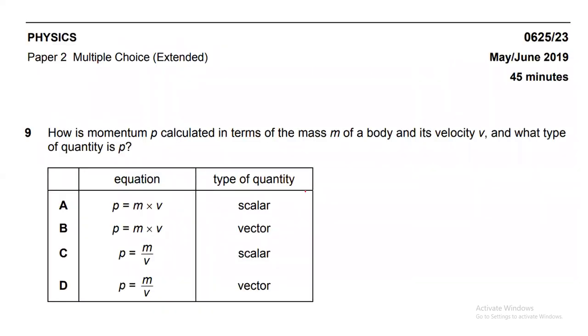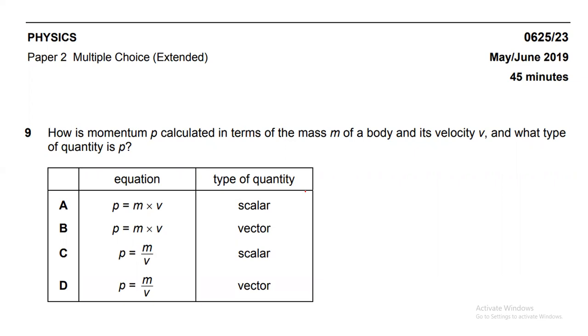Okay. We have May, June 2019 2-3 paper. Question number 9. How is momentum, which is small p, calculated in terms of the mass m of a body and its velocity v, and what type of quantity is the p, means momentum?